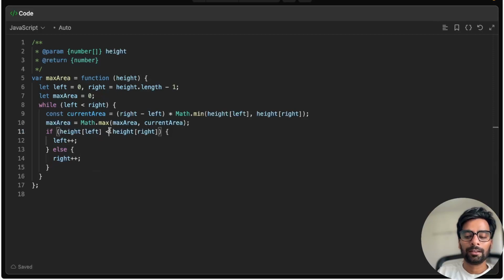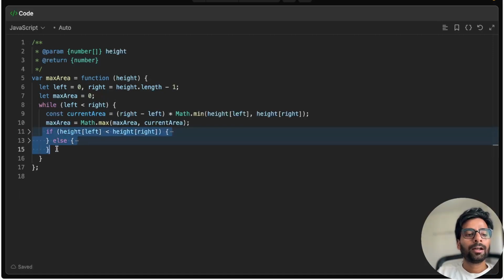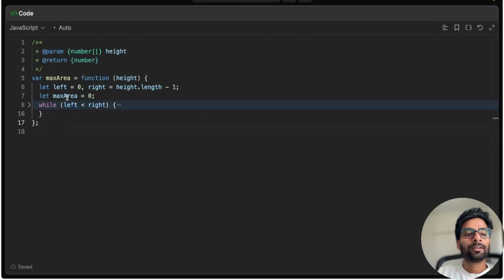So we could have taken equal to here, and we could have done left plus plus in that case as well. Doesn't matter. In equal to case, we can increment either left or right. So now we are making sure that we will be looking for the better height in case of limiting height. And we have ensured that we are getting maximum width because we have started from the extremes. At the end, we can just return the max area being calculated. So we will just return this variable.